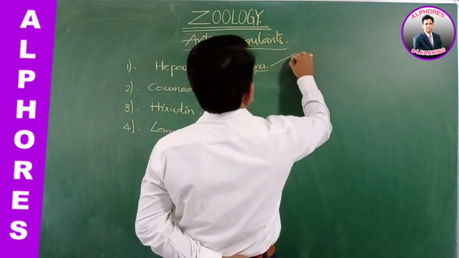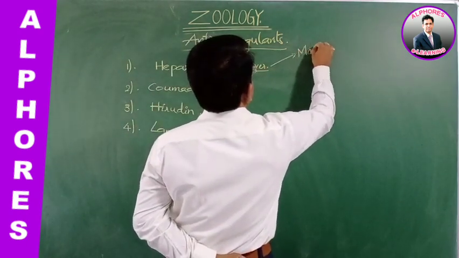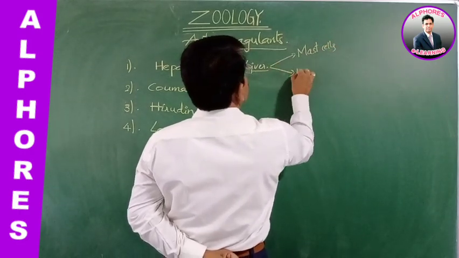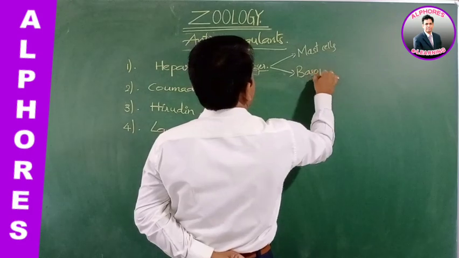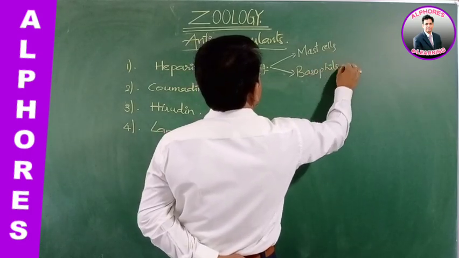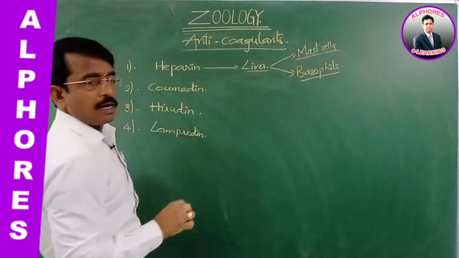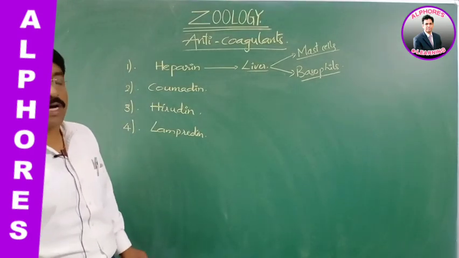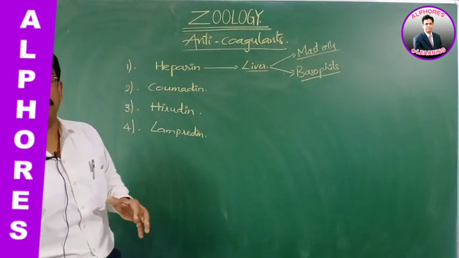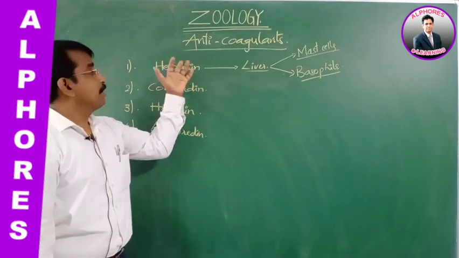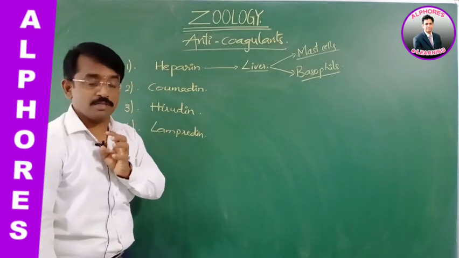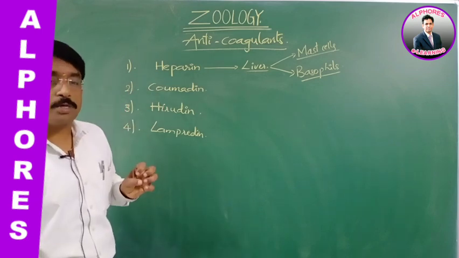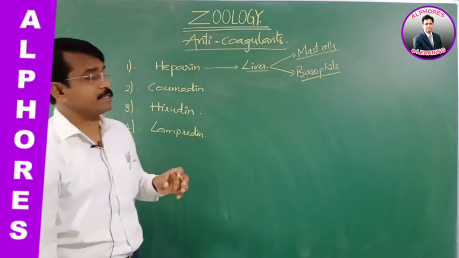Among the connective tissues, the mast cells and the basophils, the cells present in the connective tissues, are what synthesize heparin, the anticoagulant. They are part of the connective tissues. That's the reason why we discussed it.